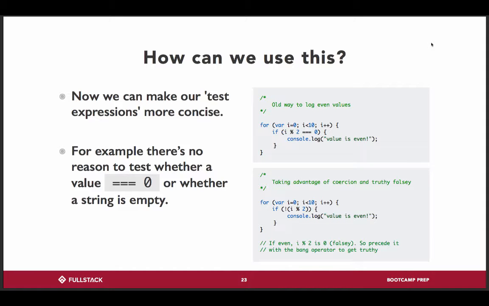So some ways we can use that is to make better test expressions where we're not saying is not undefined. Whenever you see is not undefined in code, you can just make that if that variable name. And it makes it a lot more clear because you're just saying if this is a thing, run this code.